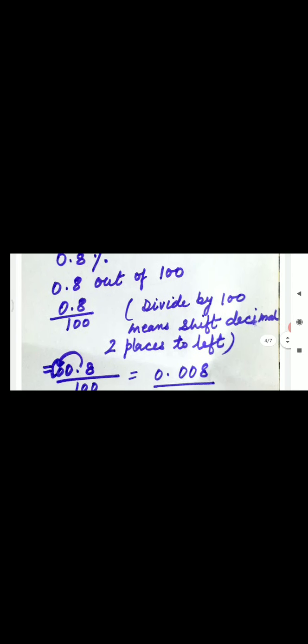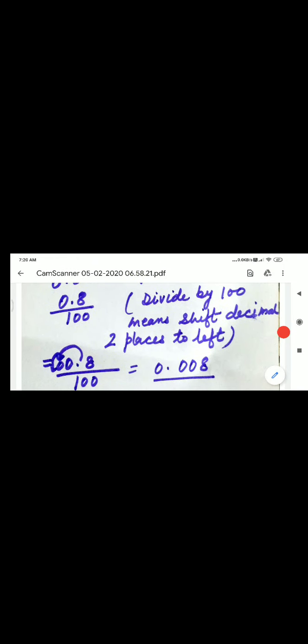If 100 is in the denominator, it means divide by 100. Dividing by 100 means shift the decimal 2 places to the left. What should I do? Because there is only one zero, I will insert one more zero. I will get 0.008. Right? This is the decimal form. Let me do one more.